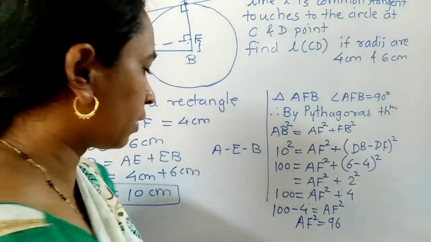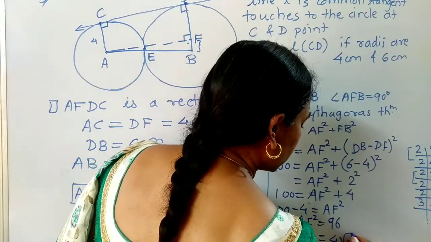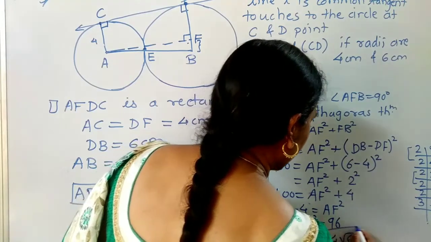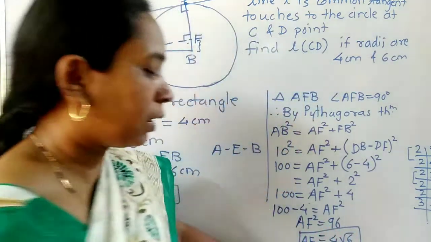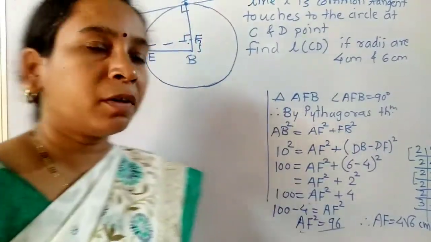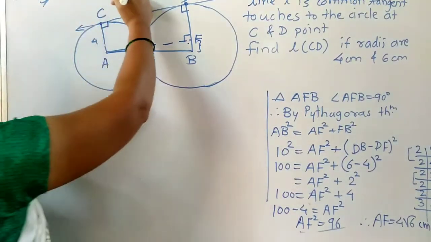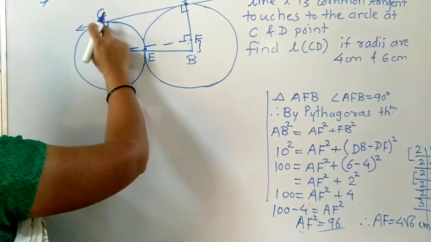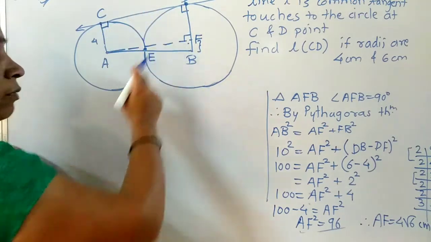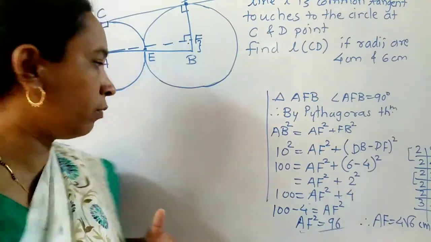And after factorization, the answer is 4 root 6. So after taking the square root, AF is equal to 4 root 6. But here we have to find the value of CD. So what is the relation of CD and AF in the quadrilateral AFDC? CD and AF are the opposite sides of a rectangle and those are always congruent.